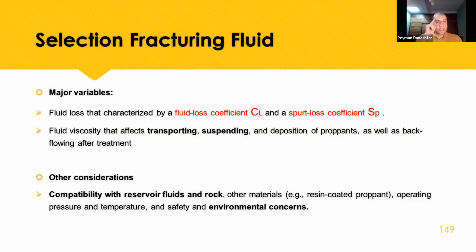We should check that it is compatible with the reservoir fluid and also with the rock. For example, can we use a water-based fluid in a sandstone with more clay? No. So we choose another additive and also some other parameters.